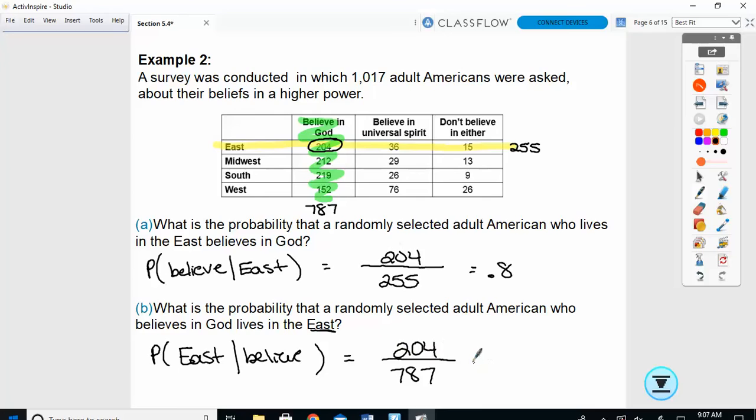So my numerator didn't change, but my denominator did. We get 0.2592. So when you have a conditional, the denominator is your condition, and that's all you're looking at. You're no longer looking at the entire table, just a portion of it.